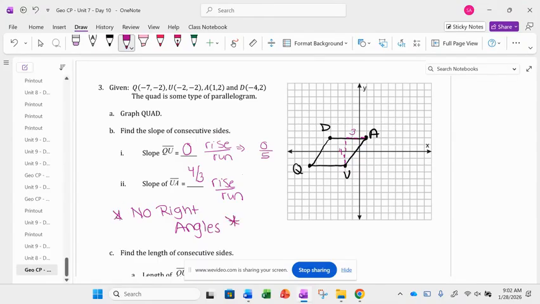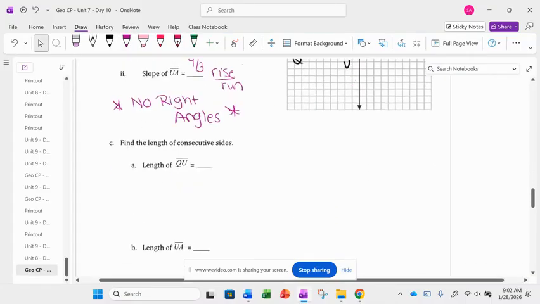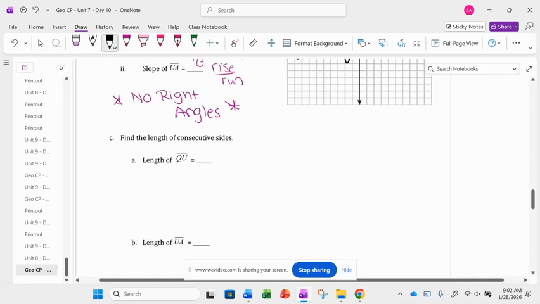So guys, for part B, I found the two slopes and they have no relationship to each other. They're not opposite reciprocals, so there's no right angles. Because there's no right angles, can it ever be a rectangle? No, rectangle's off. Anybody confused with how I got either of these slopes? Okay, now let's go on and find the consecutive sides.